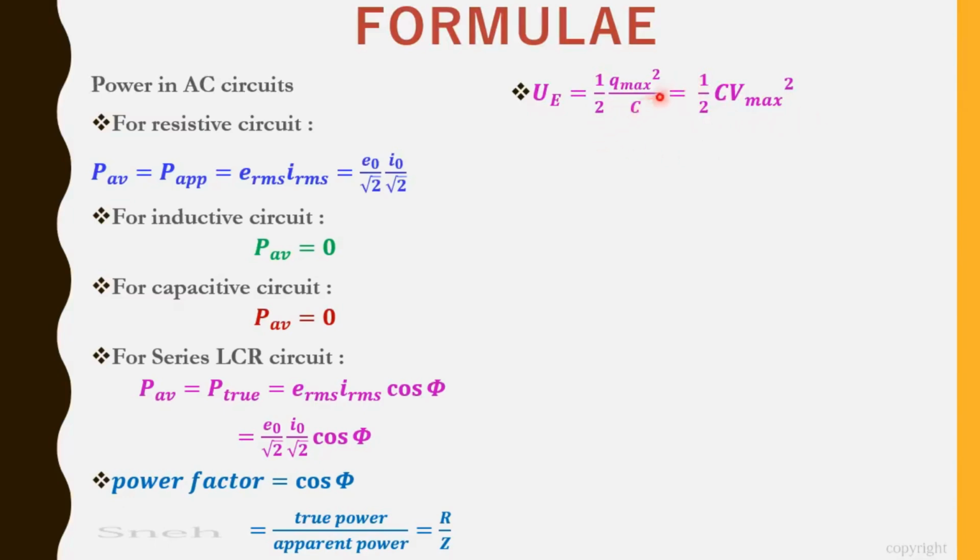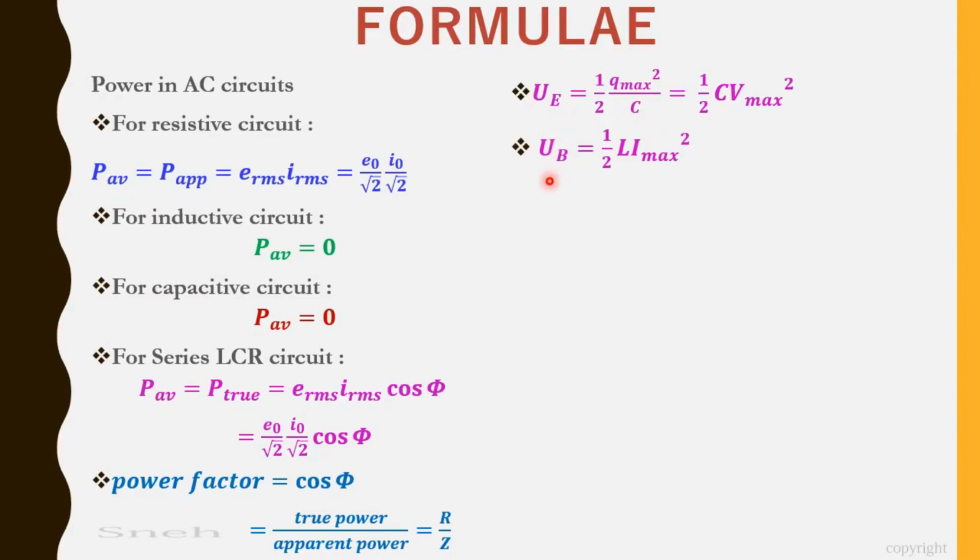Here we are taking this as maximum charge, because energy also we are considering maximum. But if it is not maximum energy, in that case we can write this UE as half of instantaneous charge square divided by value of capacitor.